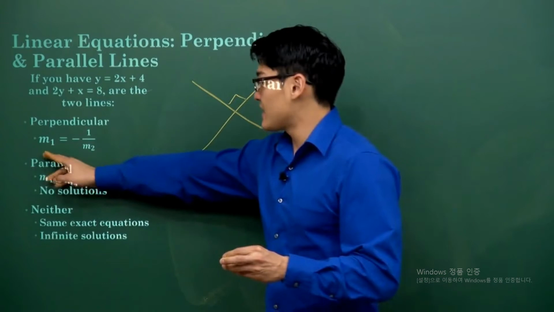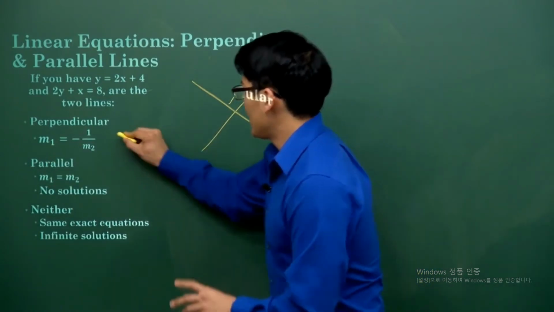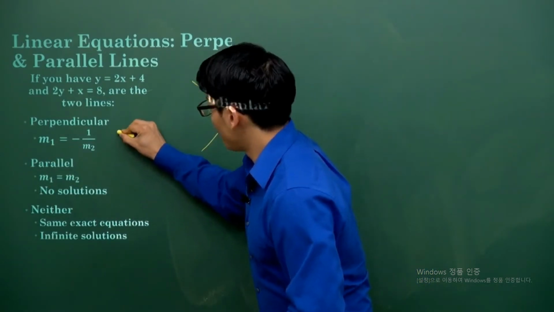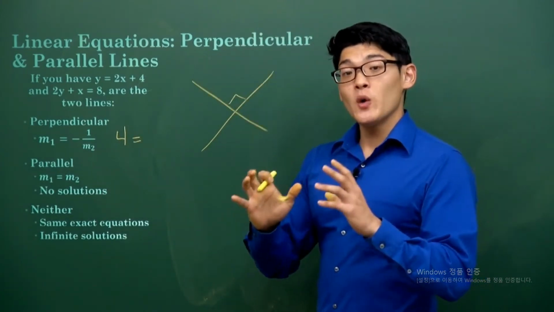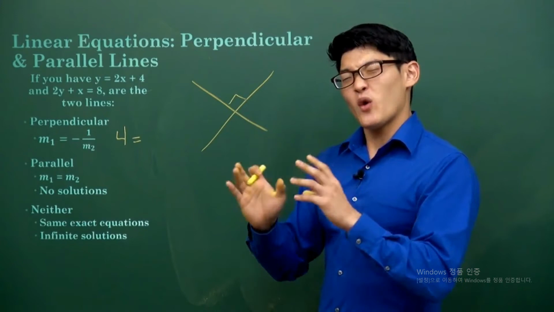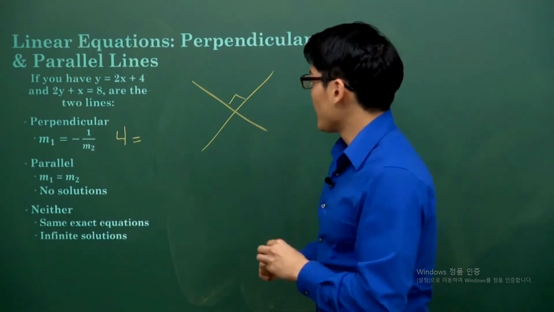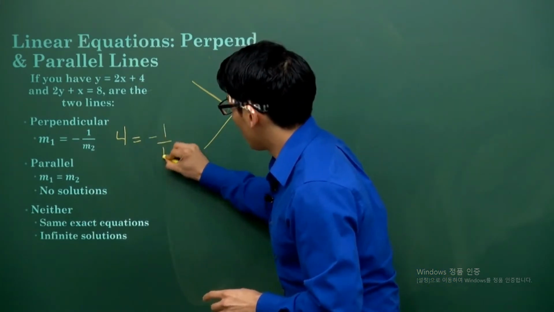What that means is that if m1, for example, is 4, then we know it is perpendicular if and only if the other line has a slope of negative 1/4.